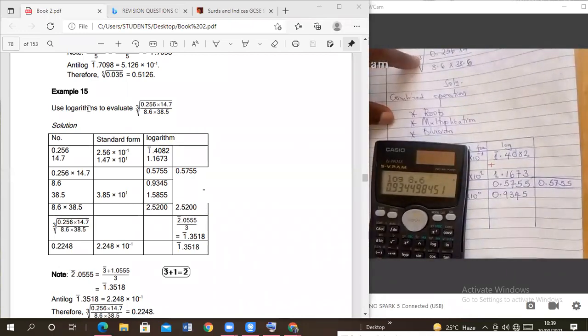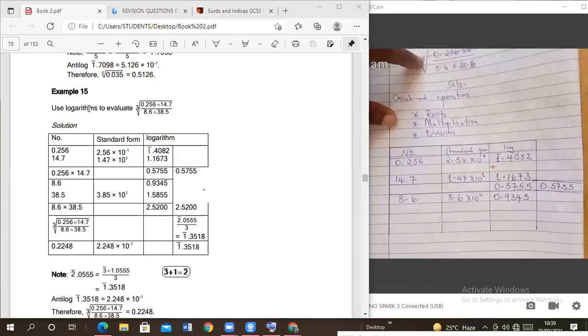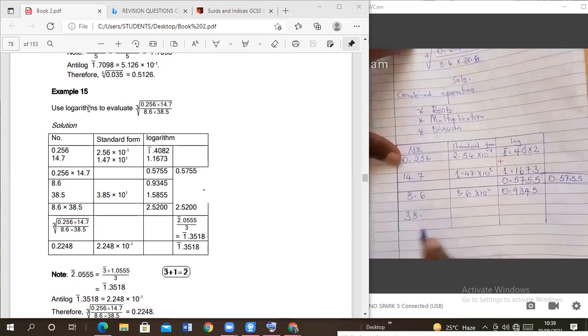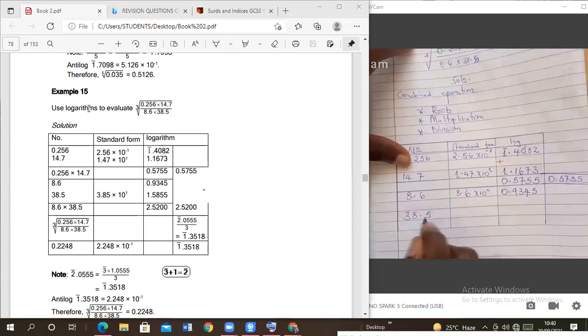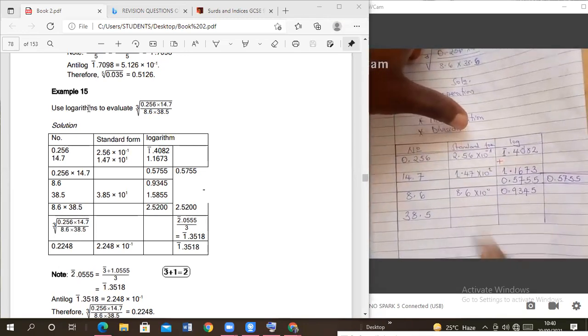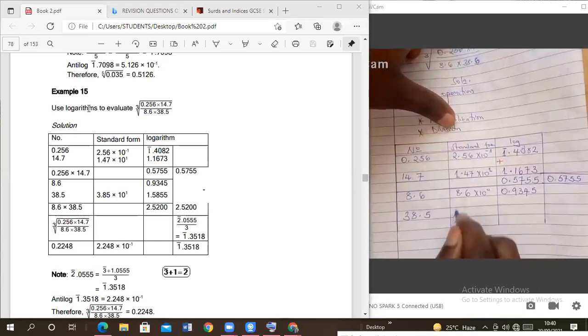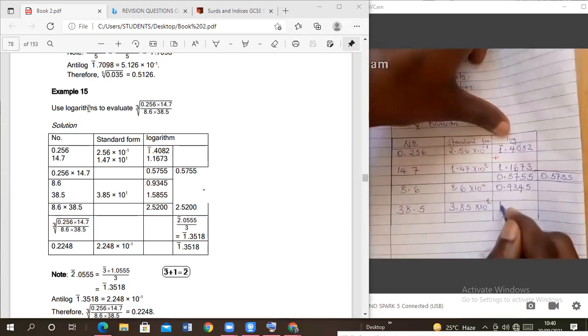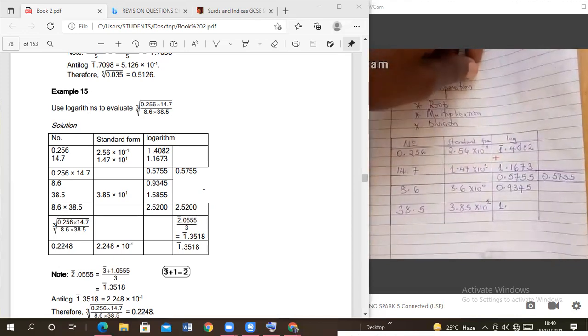The next one is 38.5. What is 38.5 in standard form, members? 3.85 times 10 to the power. How many steps have we moved? We have moved only one step. Right? So it becomes 1 point.